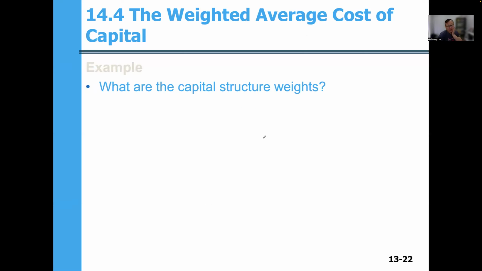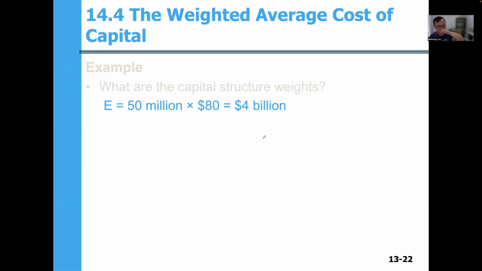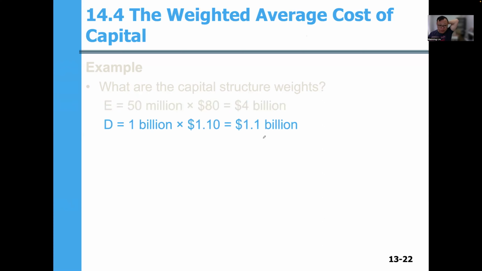Example, what are the capital structure weights? Okay, so in this case, you have 50 million shares, each one is $80. So in total, you have $4 billion equity. And the debt is 1 billion face value, and it's issued at 1.1. So there are 1 billion of face value, each issued at 1.1.